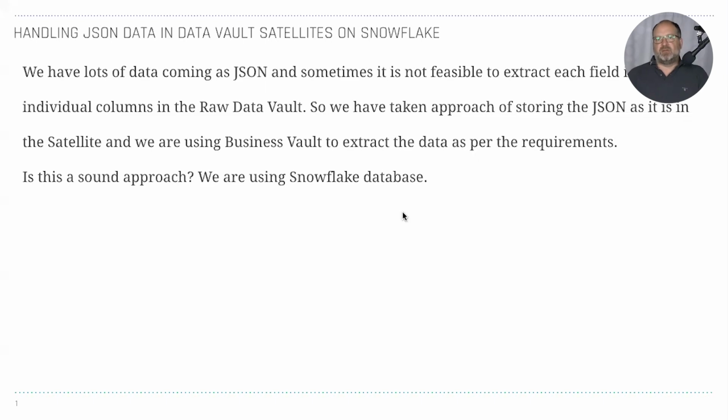Those results we store in the materialized satellite if we need to. But in many cases, we just use the JSON syntax to get the attributes from the JSON document in the underlying satellite, do our calculations, and present the results as a virtual view. That's how fast it is in Snowflake and other systems. So yeah, I would just keep it as is and just use it, and that's it.